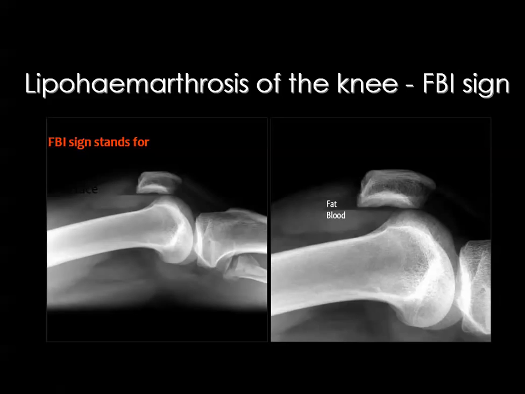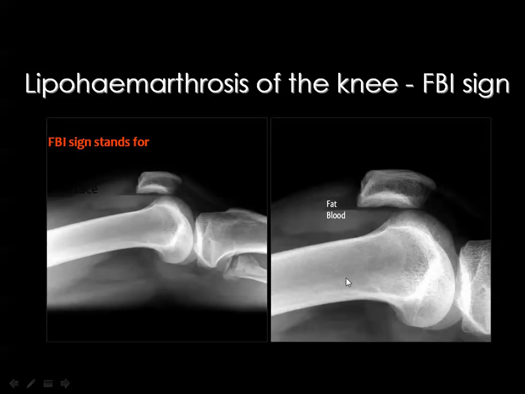In cases of trauma, there may be hemorrhage inside the joint, and if you use the horizontal beam, you can have this appearance, which is known as FBI sign, meaning fat blood interface. You can see fat, and you can see a fluid level in the dependent portion. Of course, you may say that this may be fluid or maybe blood.